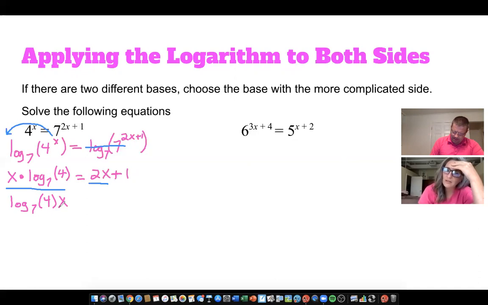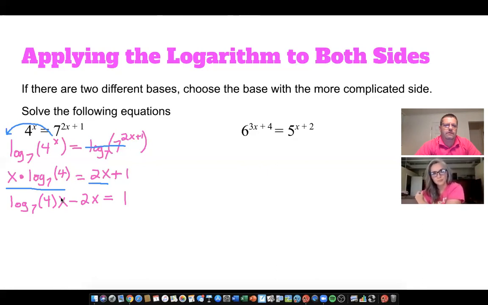So what he's doing now is writing the log as the coefficient, which is a little weird to look at, but he's trying to really hammer it into your heads that it's just a number. Log base 7 of 4 is just a number. So I'm going to make a point of this right here. This guy and this guy, that's a common factor of x.